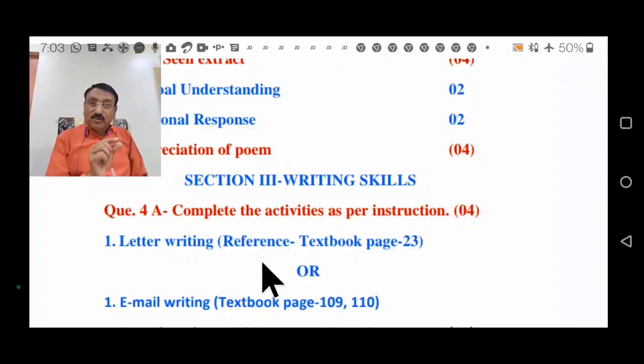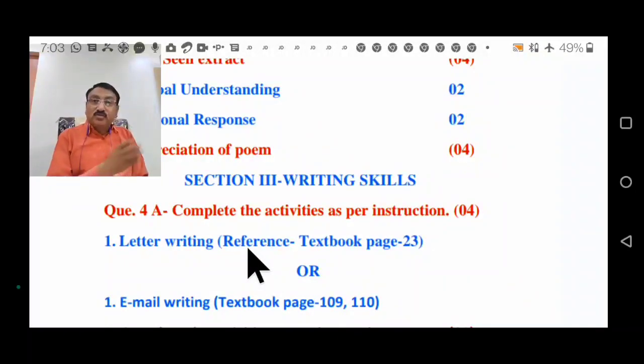The students have to mention in the formal letter the subject given in the activity, and on the basis of the given activity in the activity sheet, the students need to find out the subject of the formal letter. Once you write the subject, then the salutation.